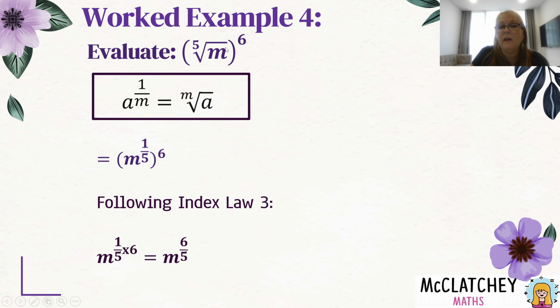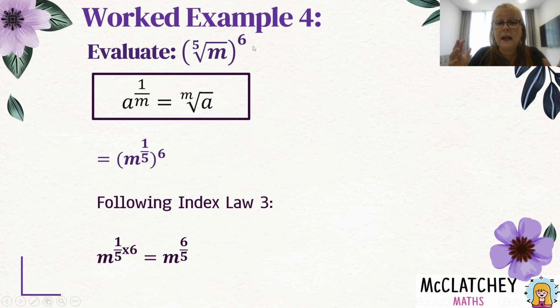Now, once you start to get to know and familiarise yourself with this law of how that translates into a fraction, you'll notice here that this always becomes the denominator. And when you've got a power on the outside, that becomes your numerator. So if you were given this as m to the power of 6 fifths and asked to put it back into root form, you would know that the denominator is your root and the numerator is the power on the outside.